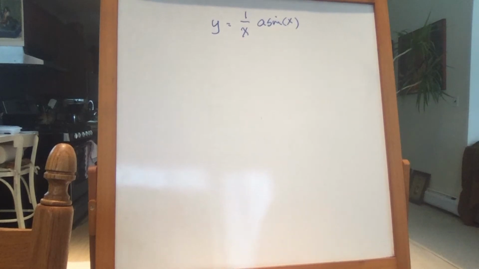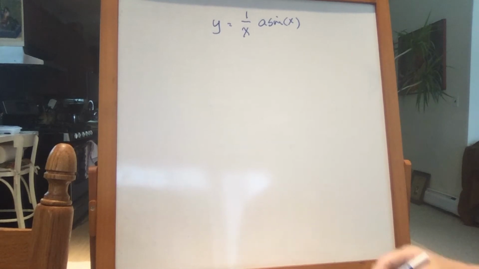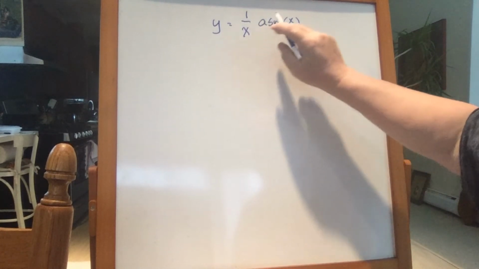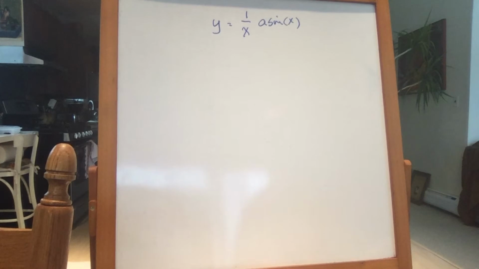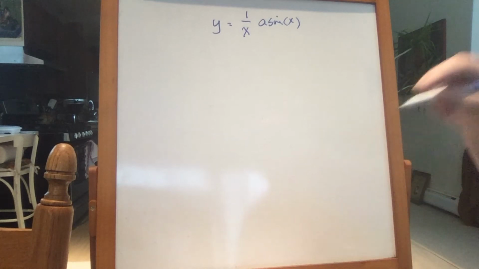And we want the derivative of that. What is that? Well, we know the derivatives of both of those from our previous rules, our previous application of the chain rule.